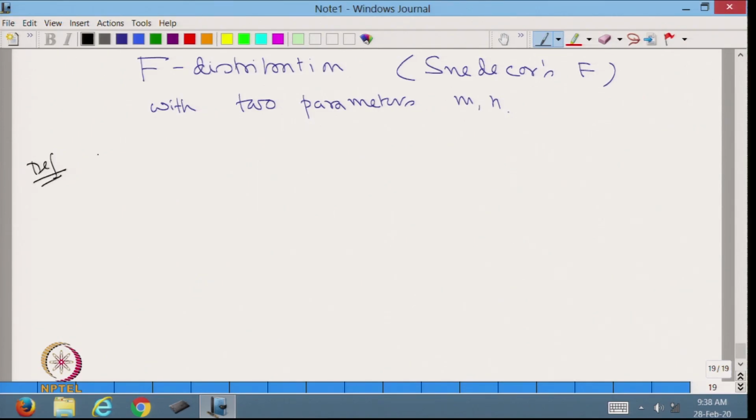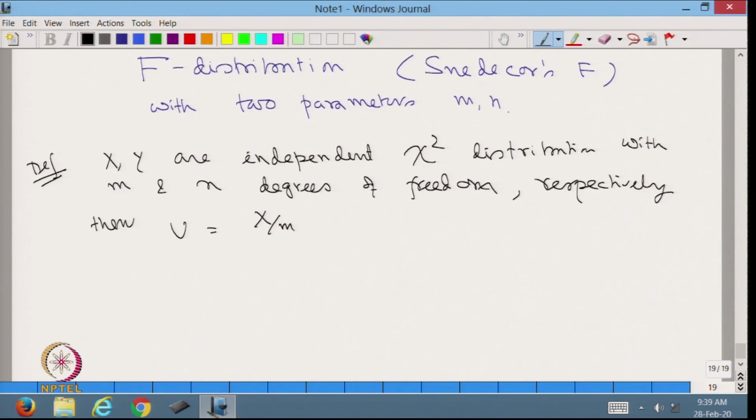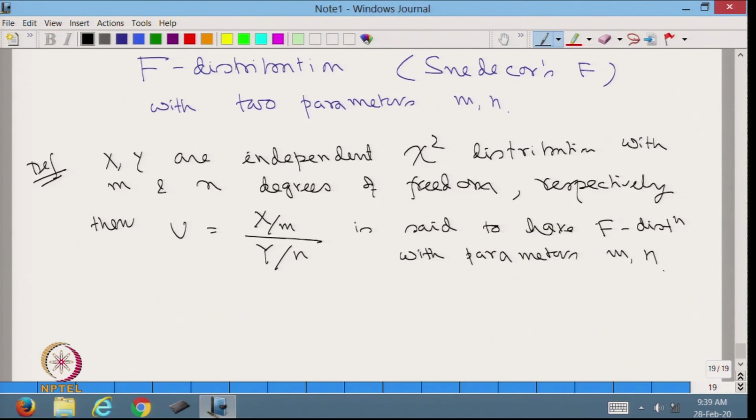So, definition: if x and y are independent chi-square distributions with m and n degrees of freedom respectively, then u is equal to (x by m) upon (y by n) is said to have F distribution with parameters m and n.